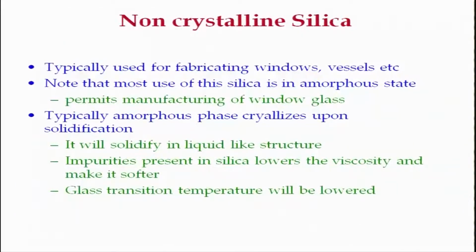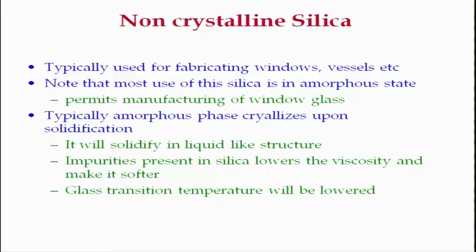A variety of these glasses happen to be non-crystalline silica. Glasses are used in a variety of applications. They are used for fabricating things like vessels and windows, as we see on a daily basis, potteries and so on and so forth. Most of the time the basic component of this glass happens to be silica. Silica is basically SiO2.